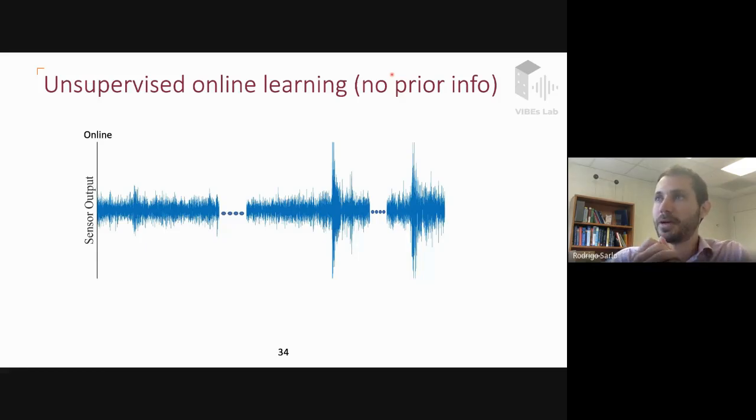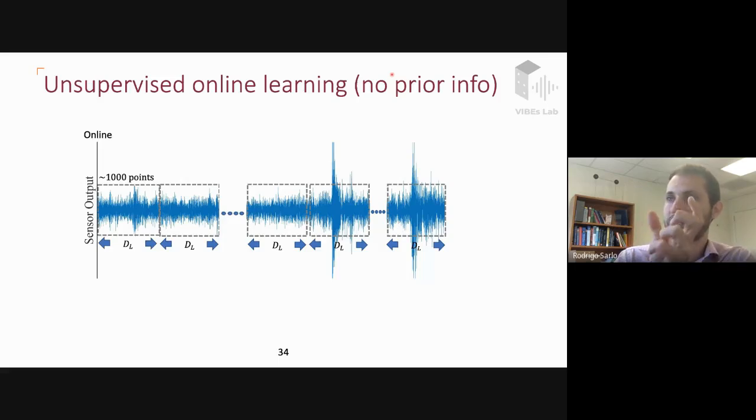The unsupervised online learning framework that we came up with relies essentially on no prior information. So the system goes online and then the detection starts. The way we set this up is that we have a stream of sensor data coming in. So this is for one sensor. Obviously, we have various sensors.